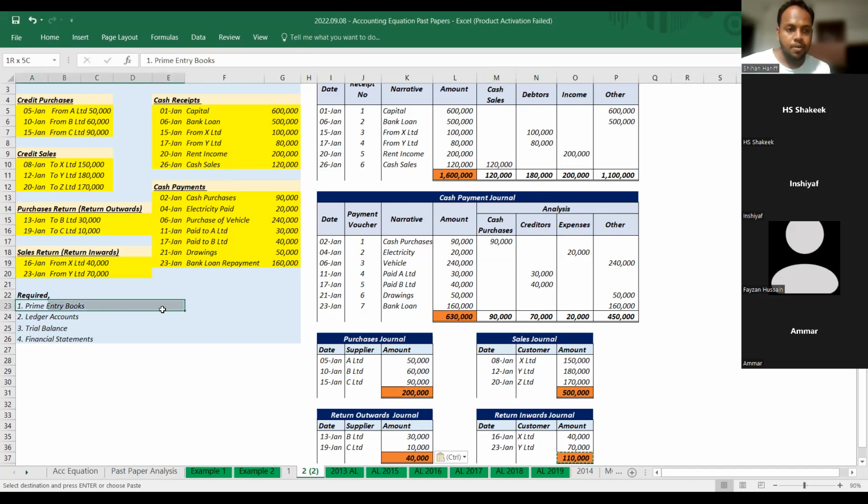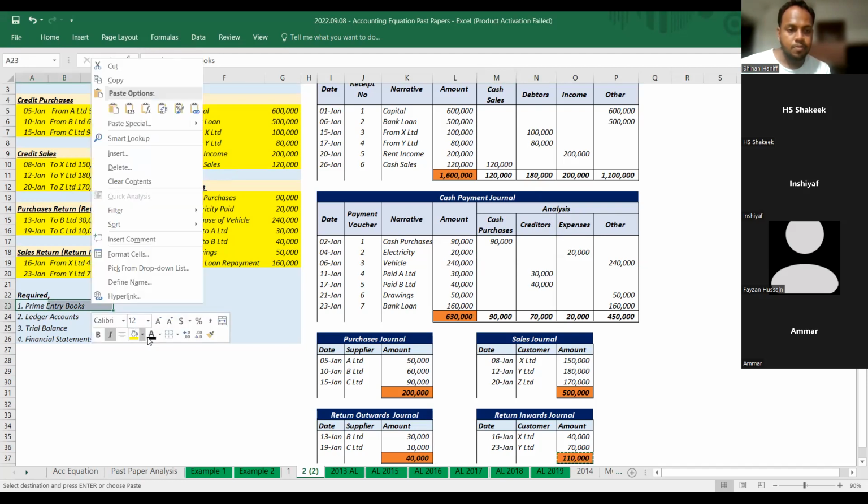So requirement number 1, prime entry books.